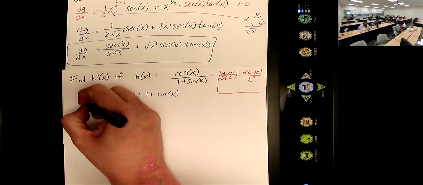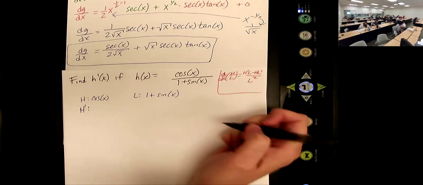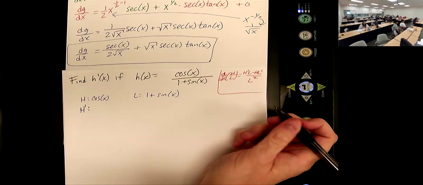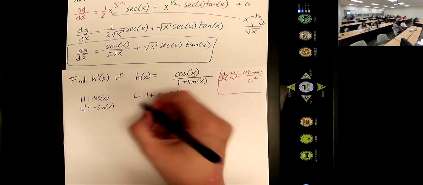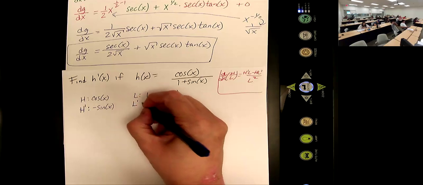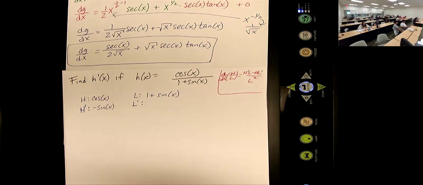What's the derivative of the high? Negative sine x. What's the derivative of the low? Just cosine x.